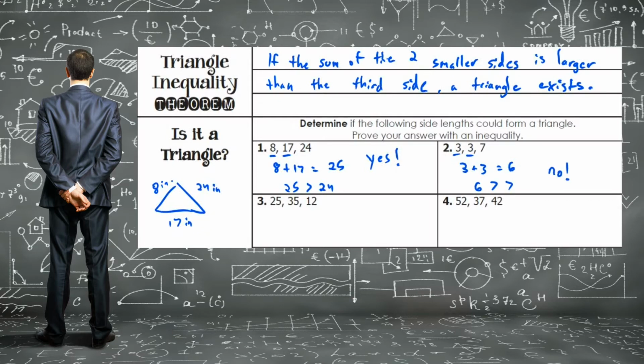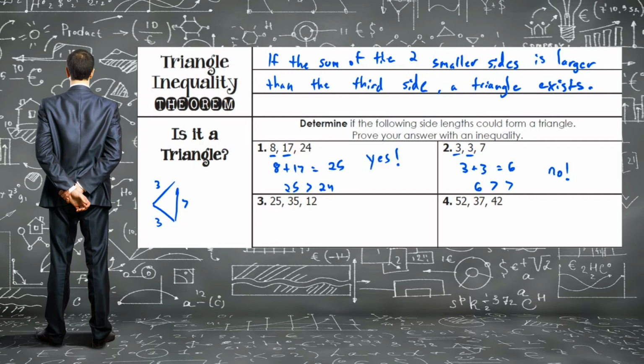And what that means is that if I were to try and draw a triangle with sides 3, now the other side has to be the exact same 3, the exact same length, and then my third side was 7, it's impossible. You couldn't close the triangle, therefore you couldn't make a triangle. And that's all this theorem is saying, that the 2 smaller sides have to sum up to be larger than the third side, or else it's impossible to make a triangle.